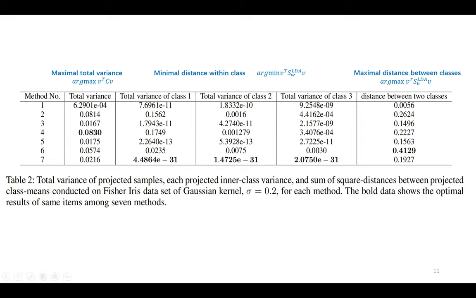As shown in this table, our proposed method number 7 performs best in the item of total variance of each class, and the method number 4, that is KPCA, performs best in the item of total variance, and our proposed method number 6 performs best in the item of distance between 2 classes.